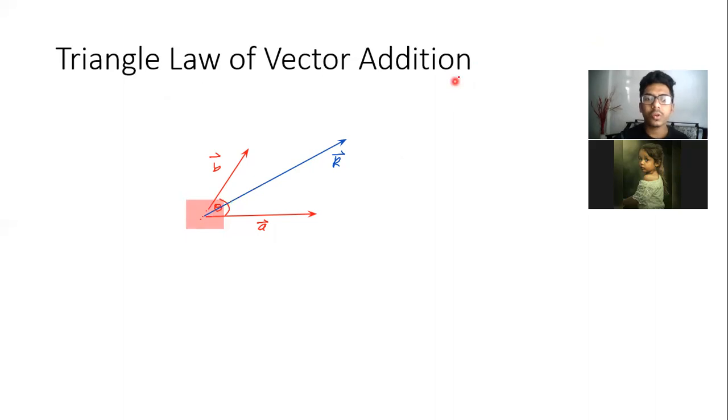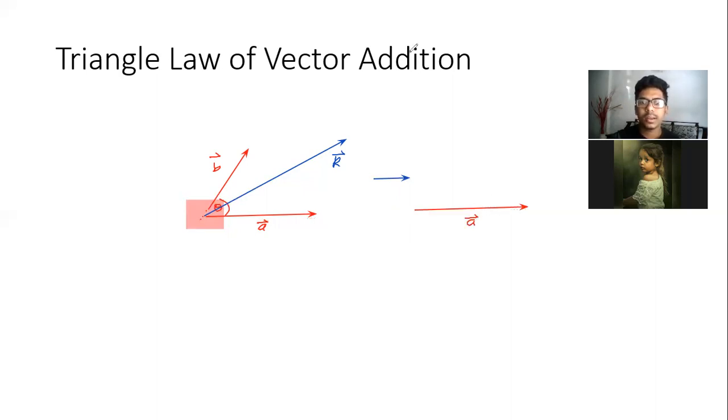In the triangle law of vector addition, it says if we have two vectors, as in our example, vector A and vector B, I'll give you the statement of the triangle law in a while, but first let me explain it. The triangle law says you take one vector, it can be A or B. I take vector A first, in the same direction and magnitude, and name it A vector.